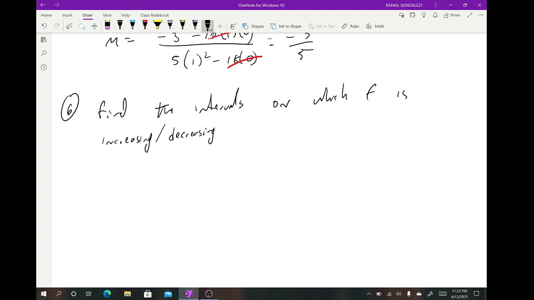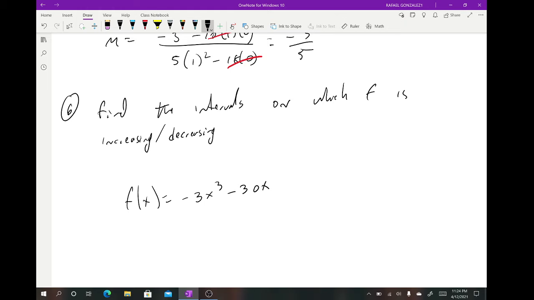As the name suggests, we will use the first derivative to actually find out when a function is increasing or decreasing. So let's say f of x is equal to negative 3x cubed minus 30x.